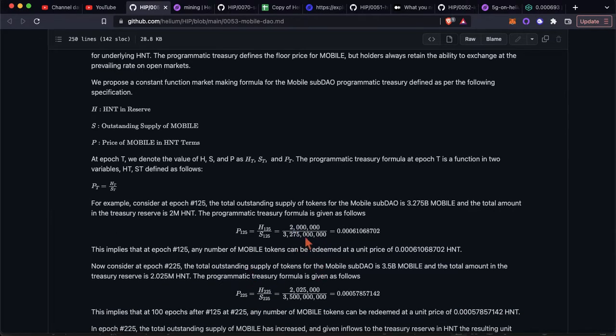These are just numbers pulled out of thin air as examples. The actual trading price of mobile on exchanges is coincidentally close to these numbers, but these are just examples to show you how division works. We all know how division works, right? Just put it into the calculator and magic, it pops out.